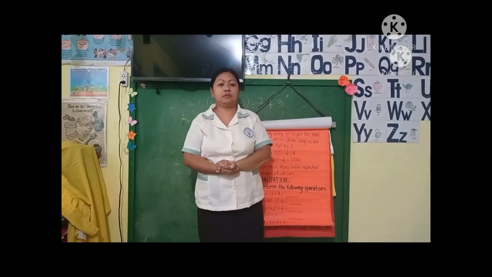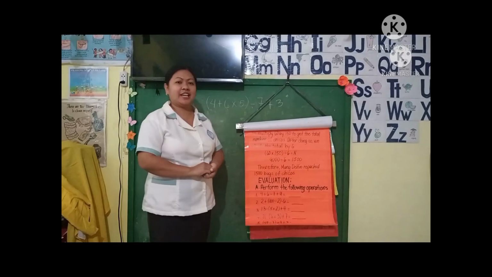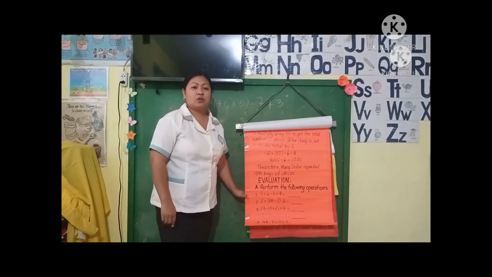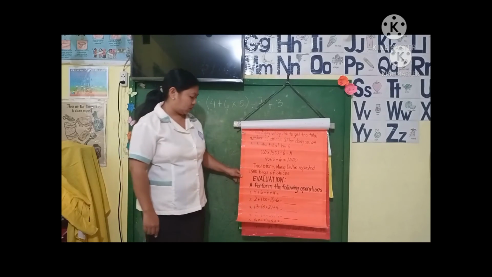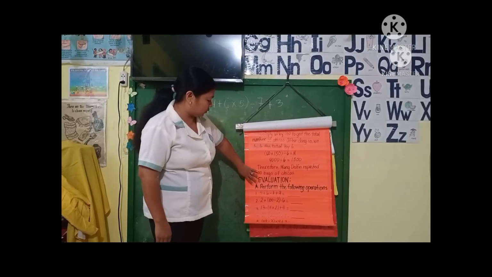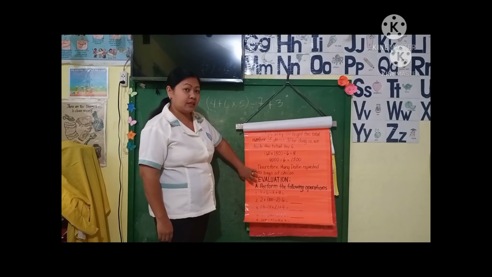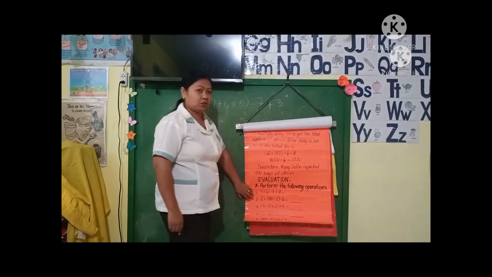Are you done, class? Who wants to answer number 1? Number 1 is 4 plus 6 minus 7 plus 9, the answer is 12. Very good.